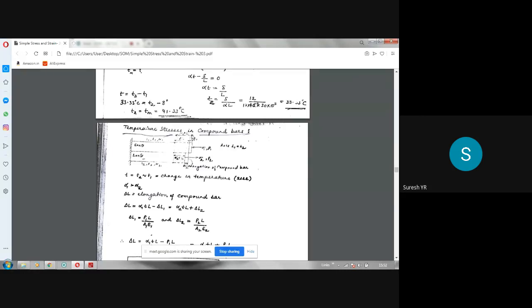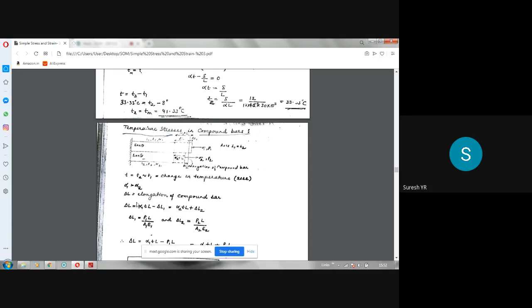So from here to here, it is alpha 1 TL minus delta L1 that gives the value of delta L in the first bar. Second bar, alpha 2 TL is from here to here for only this bar, plus delta L2 we have to take. So to get delta L, alpha 2 TL plus delta L2. So that's what I have written here.